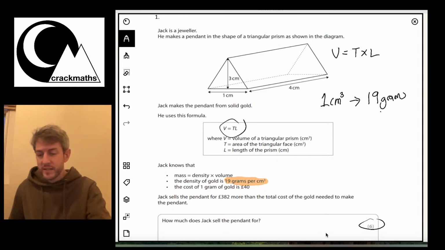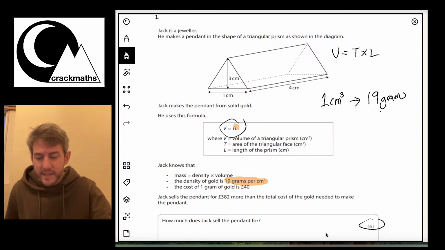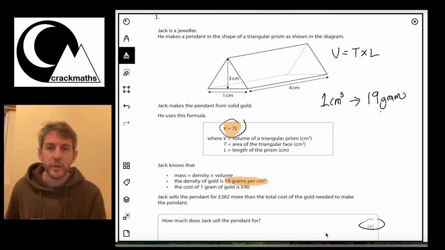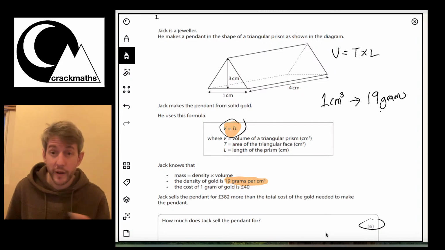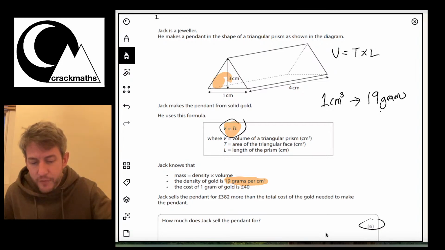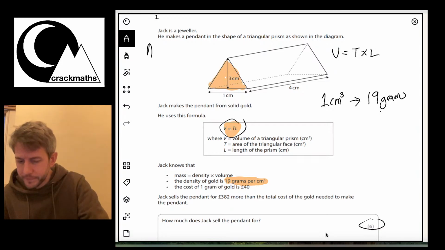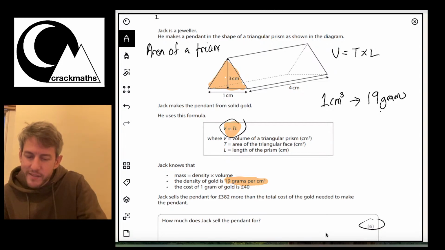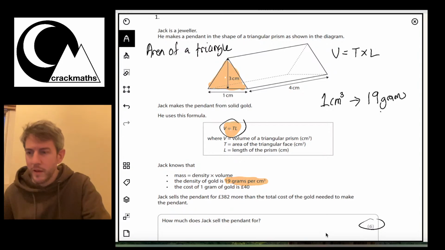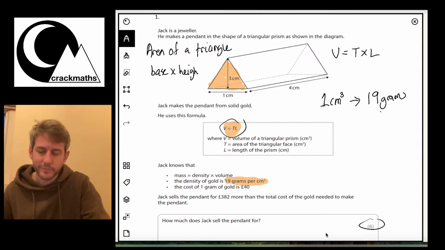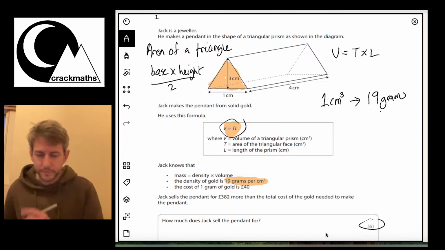Okay, so first things first, we need to work out the volume of this triangular prism, which means first of all, we need to work out the area of this triangle. So area of a triangle is a formula that you need to know, and it's base times height divided by 2.